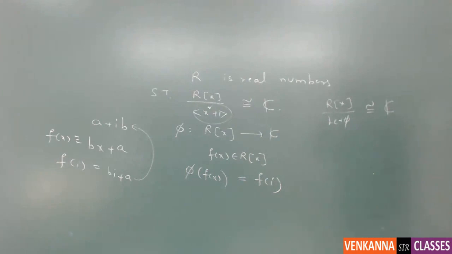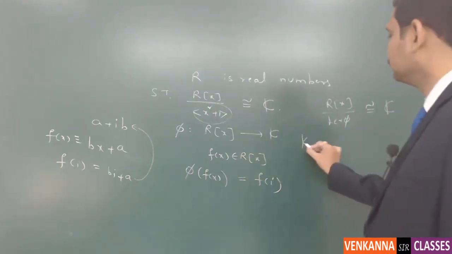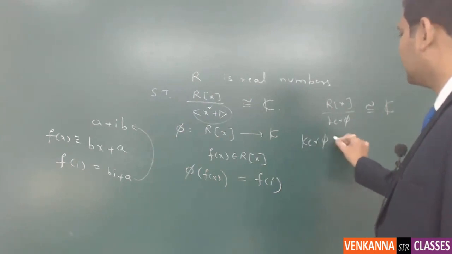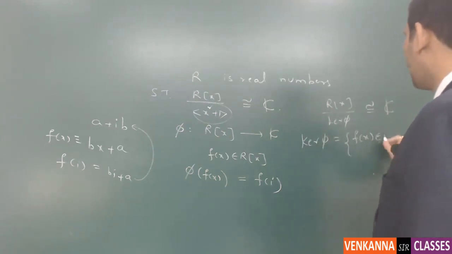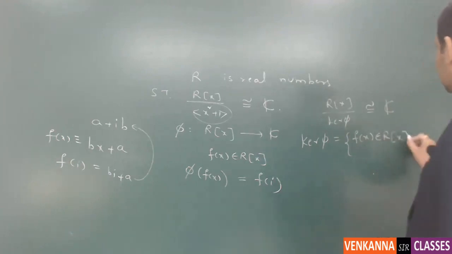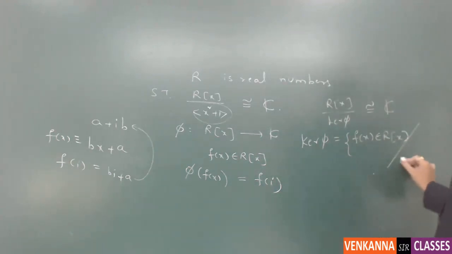Okay, now let us write the definition of kernel here. Kernel phi is equal to the set of all polynomials in the domain such that phi of f is equal to 0. Here 0 is nothing but the 0 complex number.